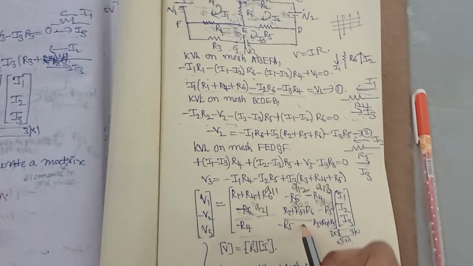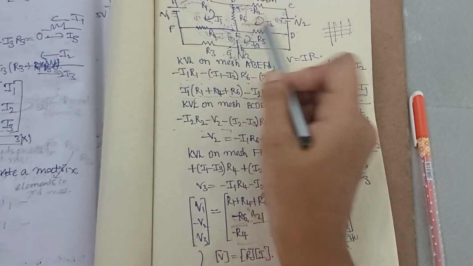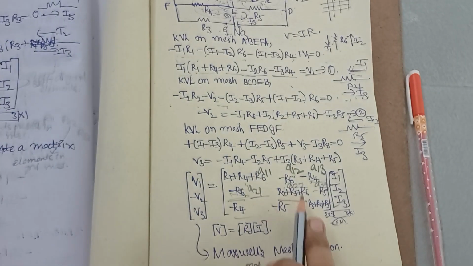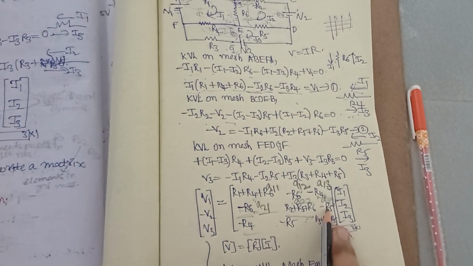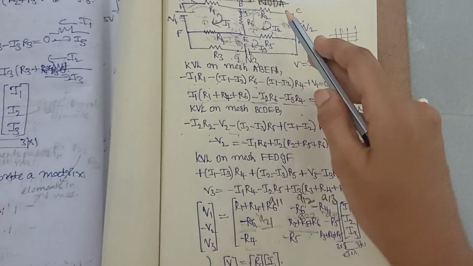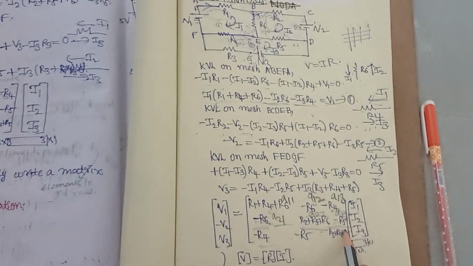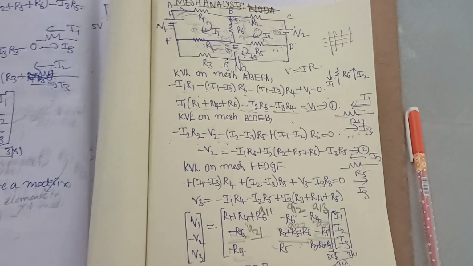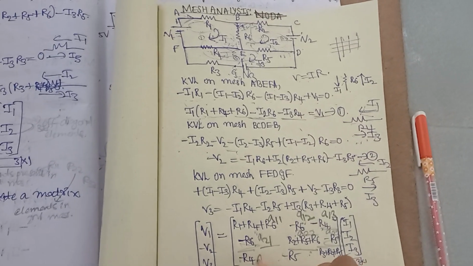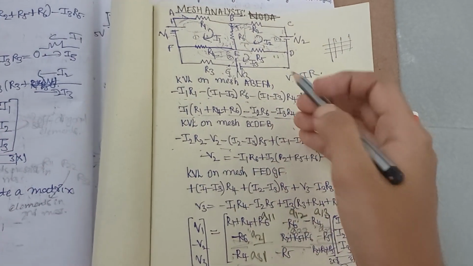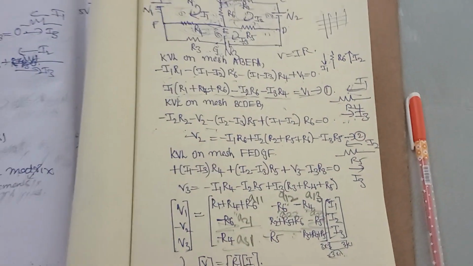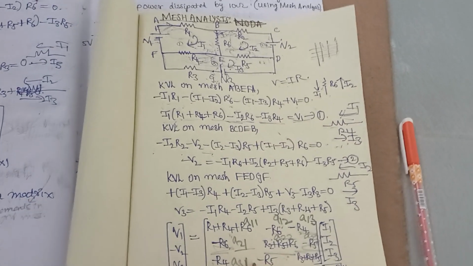And coming to A22, the resistances involved in this loop are R2 plus R5 plus R6. Now A23, the resistance common to meshes 2 and 3, which is your R5 with negative direction, so minus R5. And here you have A31, which is common to the third and first mesh, which is nothing but your R4, so minus R4.